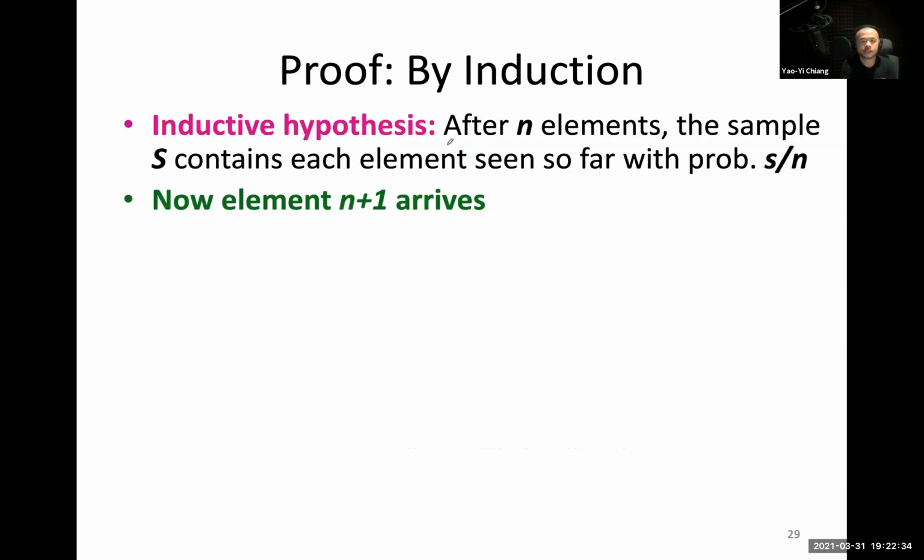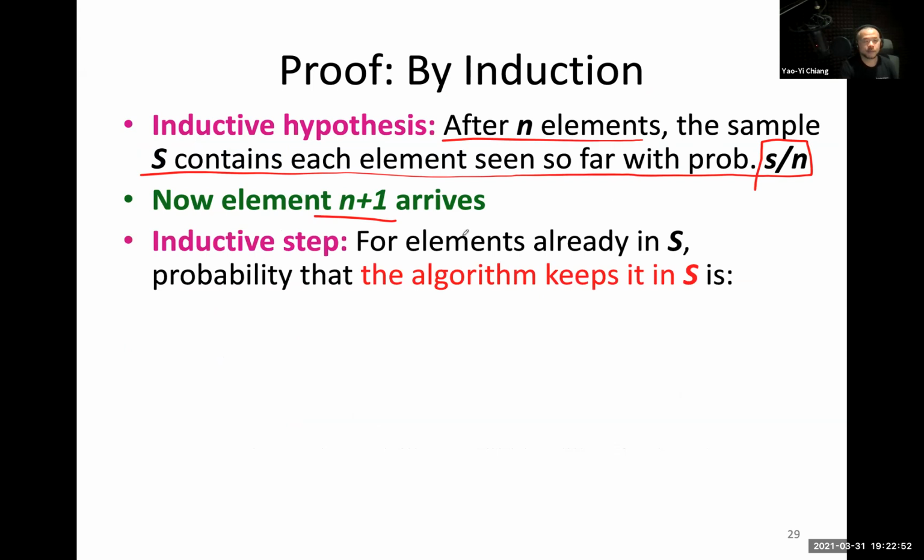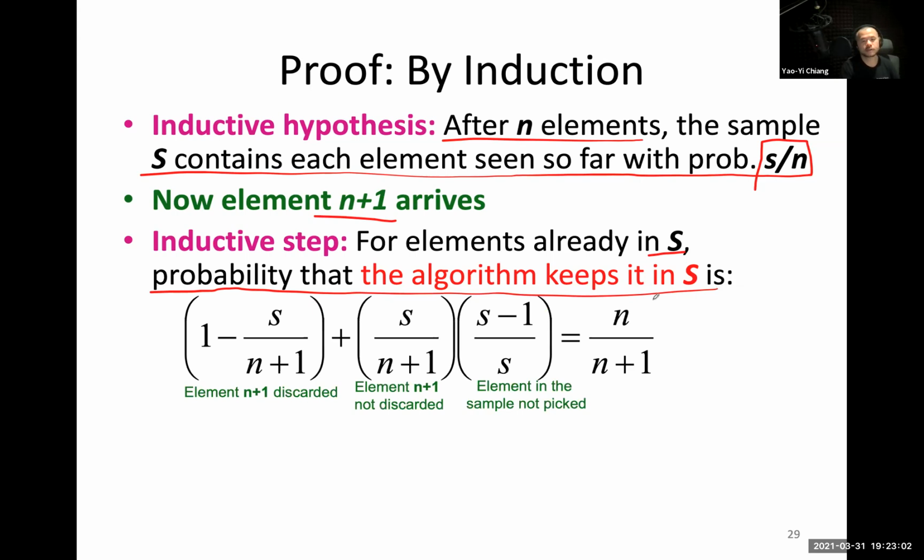Inductive hypothesis: after n elements, the sample S contains each element seen so far with the probability s over n, right? This is our hypothesis. Now we want to prove that when n plus 1 arrives, we are going to keep the same probability. The inductive step: for elements already in S, the probability that the algorithm will still keep it in S is as follows.